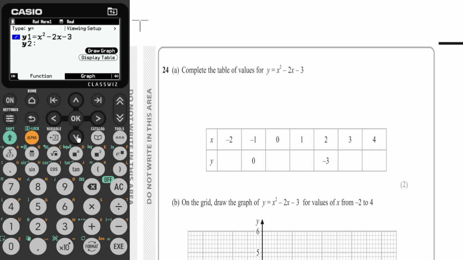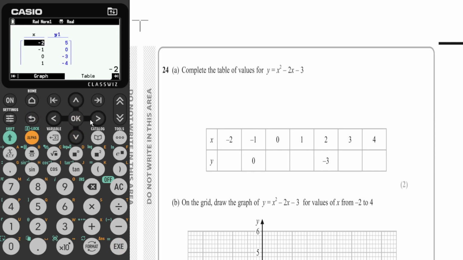Let us display the table. We can write down the corresponding y values. So here we've got 5, then we've got 0, then we've got -3, then we've got -4, then we've got -3, and we've got 0, then we've got 5.